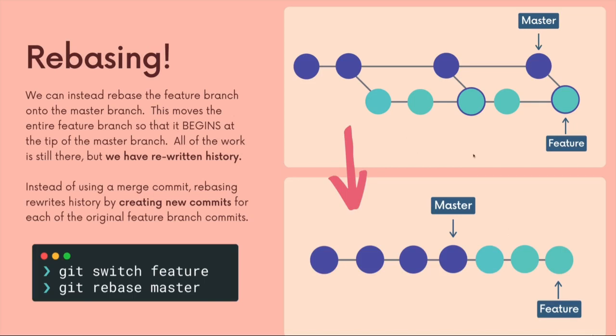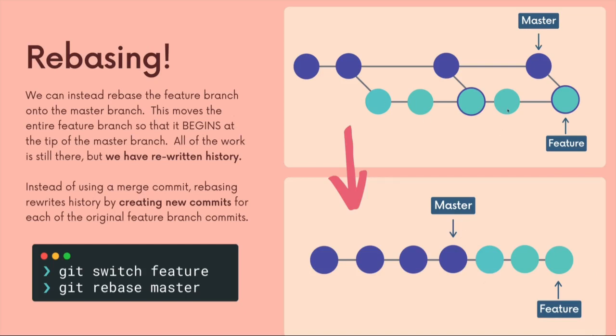So the workflow here looks like this. I want to be on my feature branch, and then I run git rebase master. So this is not going to screw up or change the master branch. Instead, it's going to rewrite history by taking my feature branch commits, creating new ones that are based on the originals, and putting them all at the tip of the master branch, or starting them at the tip of the master branch, rebasing them at the tip of master.